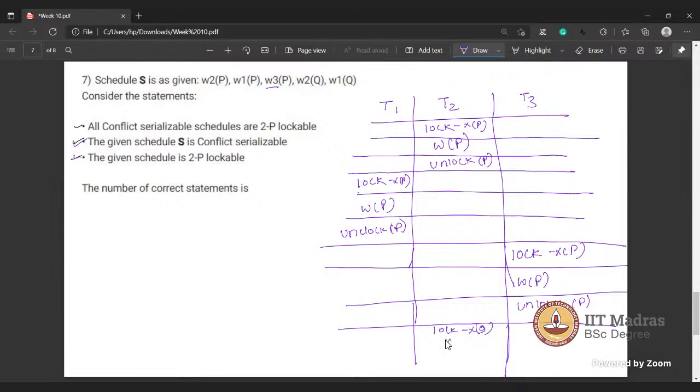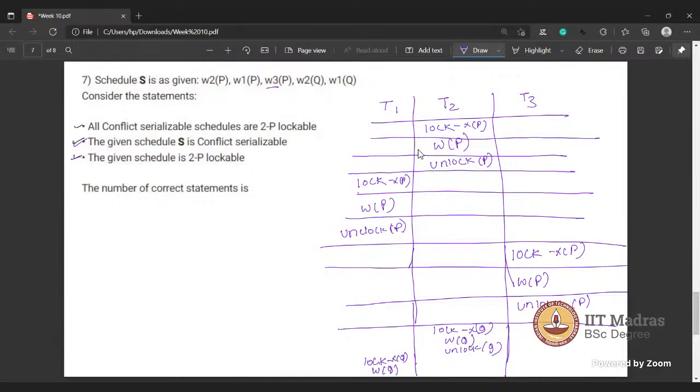Then write Q. Then you have to unlock. It's mandatory because transaction T1 wants to write Q. Unlock Q. Then you can apply exclusive lock on Q and write Q. So everyone got it?